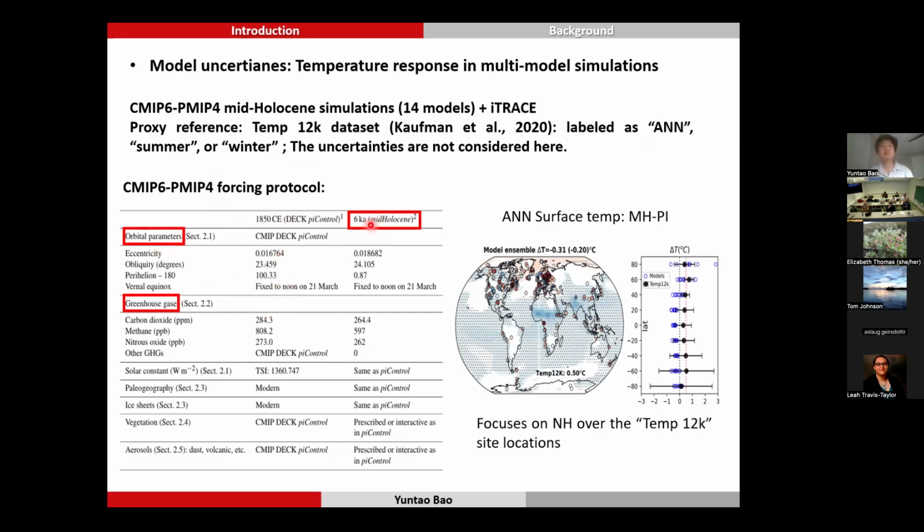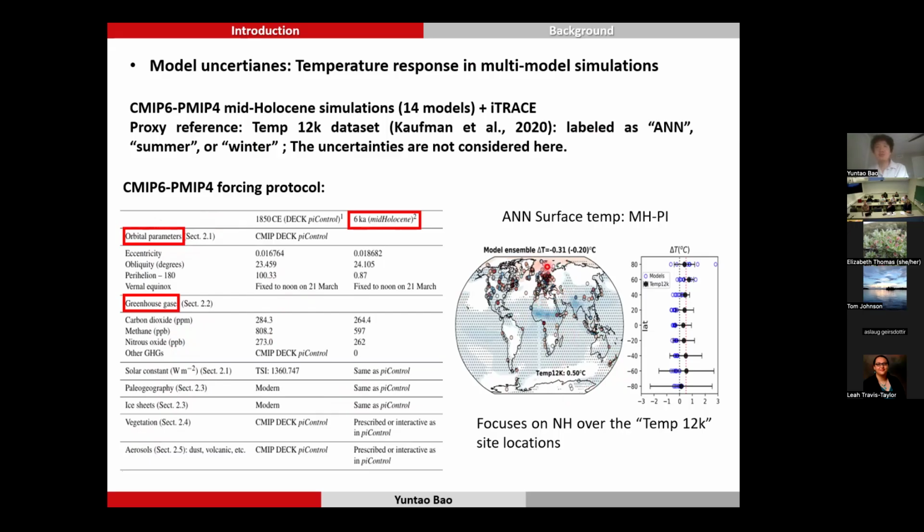The difference in the mid-Holocene simulation is that we change the orbital parameters, and then we change the greenhouse gas concentrations. But in addition to these two forcings, all other forcings like ice sheets, vegetation, and aerosols are kept the same as pre-industrial. That's a very important setting.